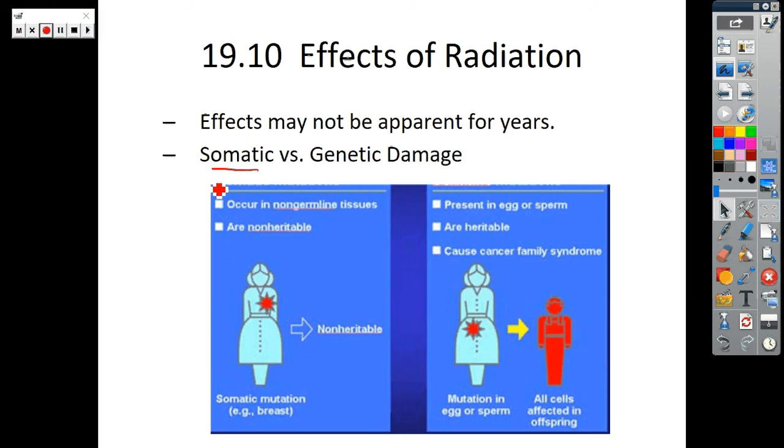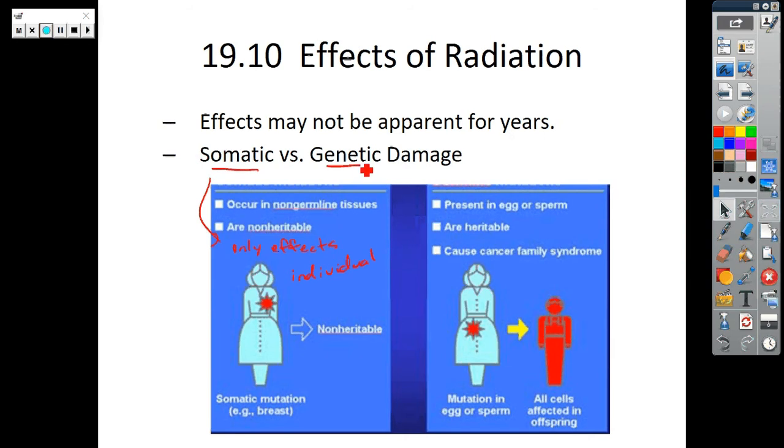So somatic damage is only going to affect the individual. This might come in the form of some sort of tumor or a mutation or cancer or something like that.